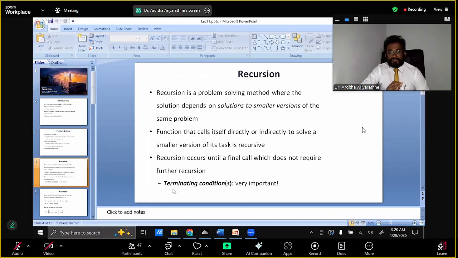So at that time, if we forget to put terminating conditions, our computer's processing power, memory and storage, all three things are wasted, because there is no stopping point. The same function is calling again and again. Okay, now I think you have some theoretical background about this.